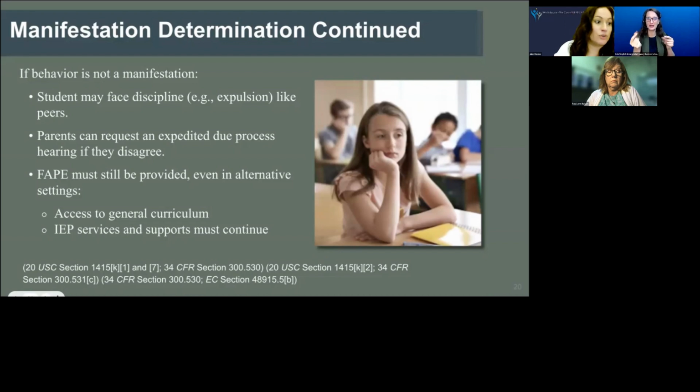FAPE must still be provided, even in the alternative setting, where they have access to the general curriculum, and IEP services and supports must continue. One of the prongs of the manifestation determination also involves making sure that all of the supports that were offered the student in the most recently consented to IEP were actually provided to the student.